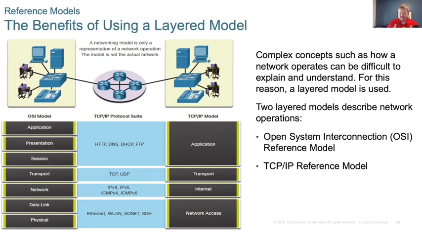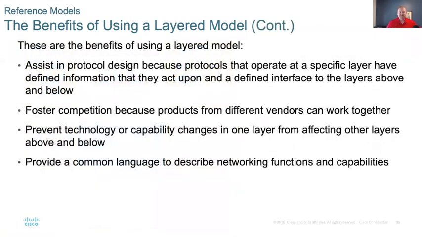So if they ask, IP addressing is in what layer? Well, it's layer 2 of the TCP/IP model, layer 3 of the OSI model. Now, the benefit of this layered model is we can really divorce ourselves from the whole conglomerate.